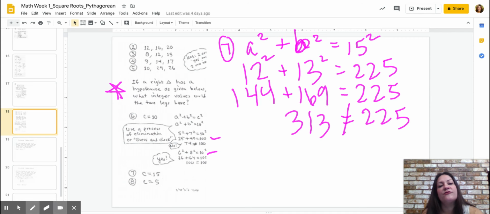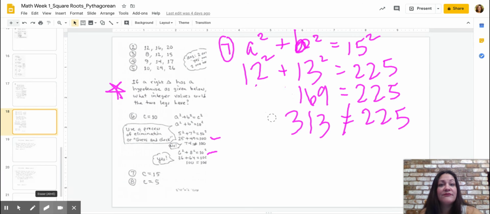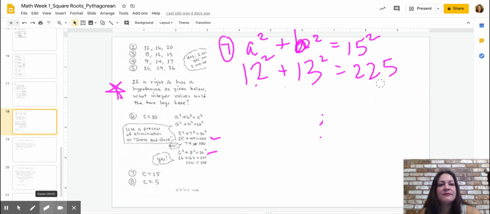But let's see here, 144, I know that if I have something that ends in a 1, so instead of 13, let's try 9. Okay, so you can just rewrite this. I'm going to painfully erase these. And not too bad. And I think let's try 9 because 9 squared is 81.